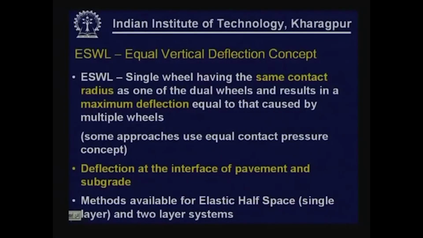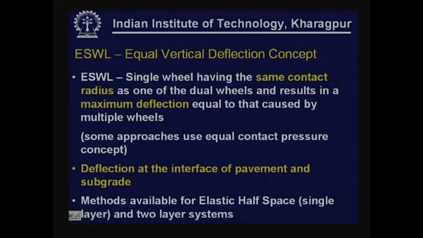There are number of methods available for working out these parameters. If it is a single layer system, we will use what is known as an elastic half space analysis. We will be discussing these things in greater detail when we talk about analysis of pavements, but at this stage we will just use some charts or some method that is available for calculating these things.